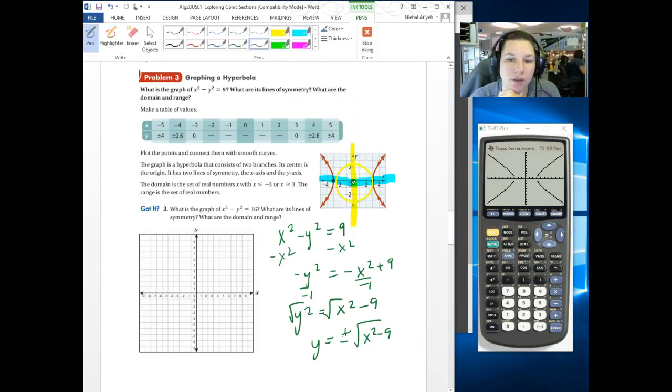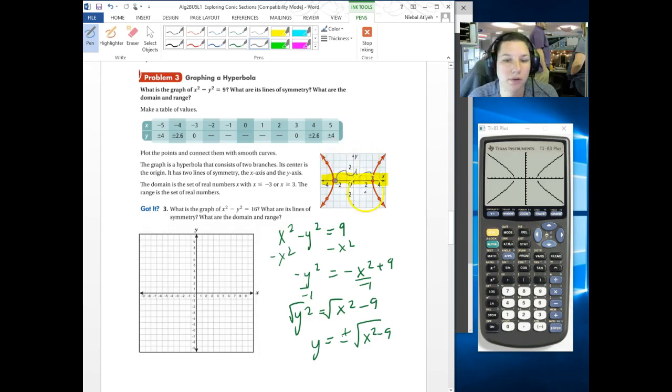If you look at each point, the range is all the possible y values. There is a y value at every single point. And then the domain, which are the possible x values, is the one that has some restrictions. If we look at the x-axis for our domain, the numbers between -3 and 3 are not included.